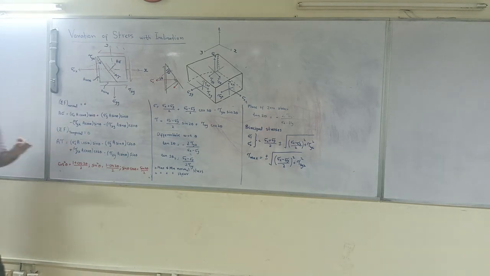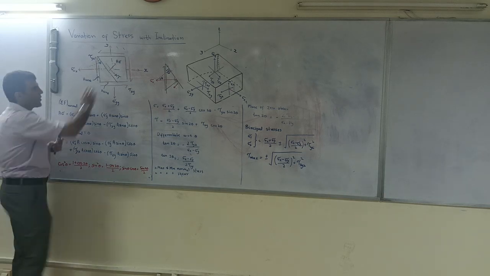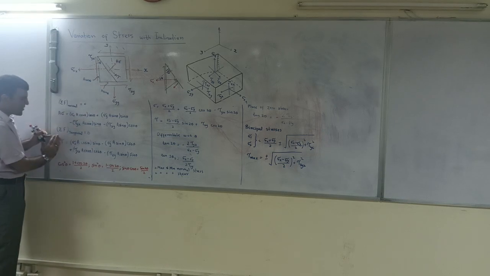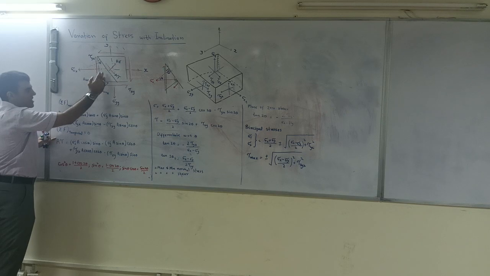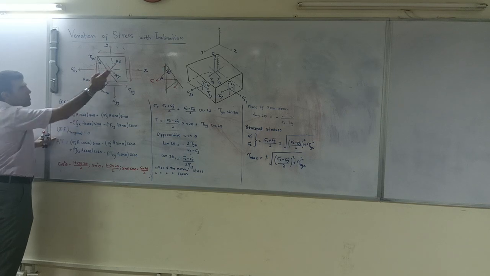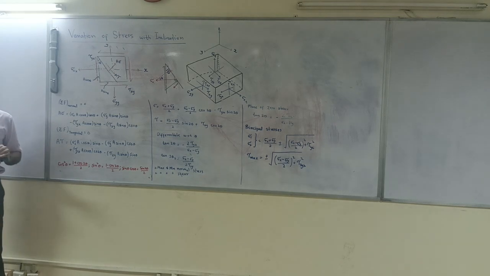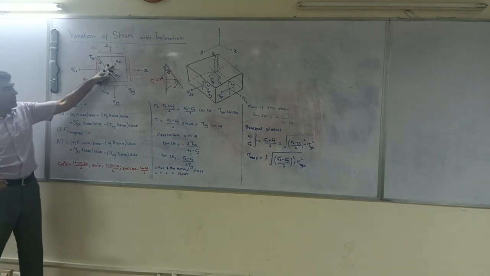So what I'm saying is that if you have stresses in this direction on the left hand side, the normal stresses, the right hand side should be opposite to that of the left hand side.